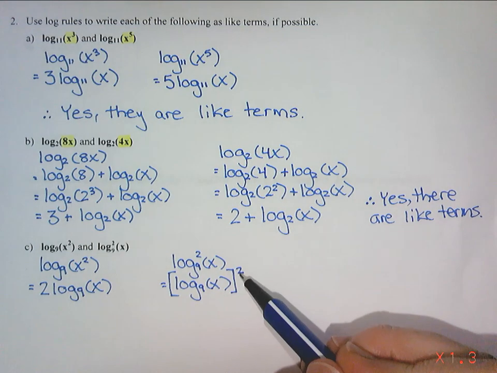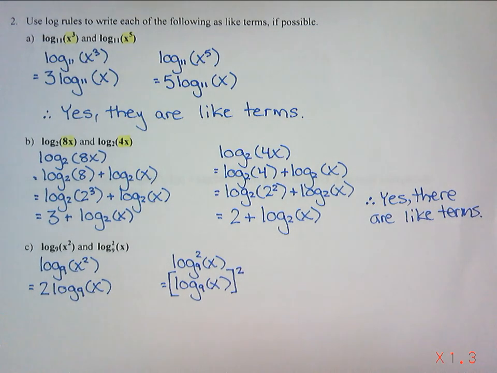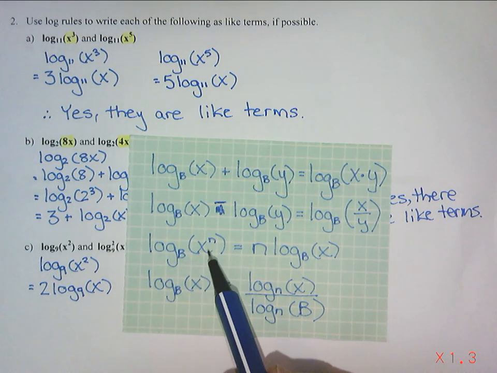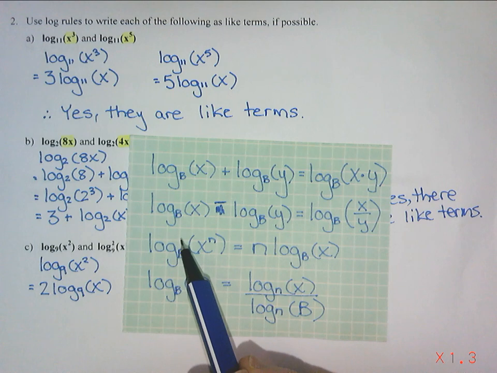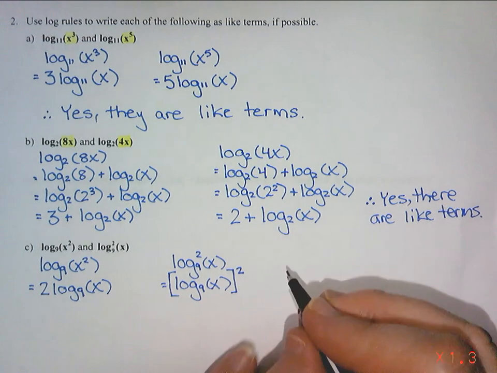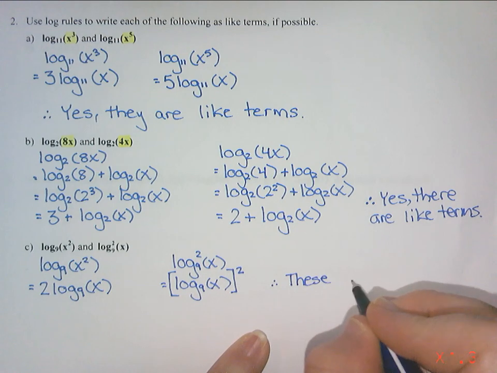So unfortunately, I cannot bring that 2 down to the front, because this rule only works if the exponent is on the argument. It does not work if the exponent is on the log. So because this does not have an exponent between the log and the x, and this one does, and there's no alternative way for me to write this, unfortunately, these are not like terms.